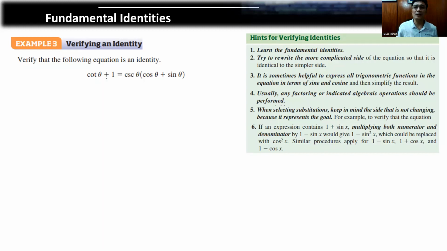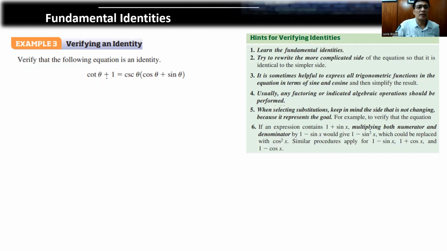And then after that, you choose which side is more complicated and work on that one, or rewrite the more complicated side into a simpler form. Then apply properties. Your objective is to convert that into an expression equivalent to the side that is not complicated, right? And so on and so forth.